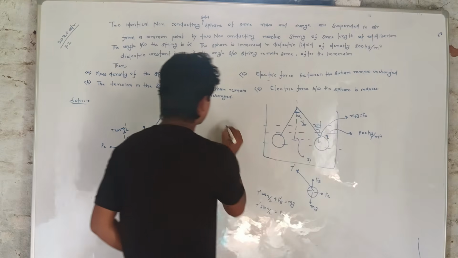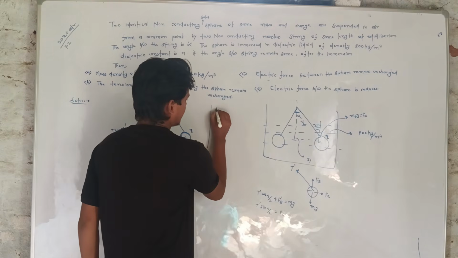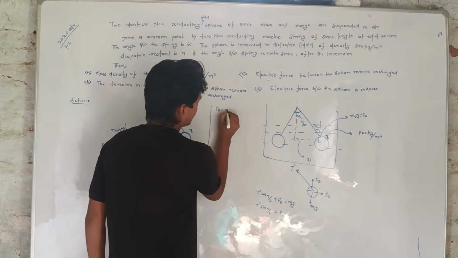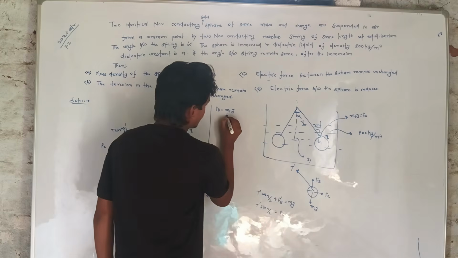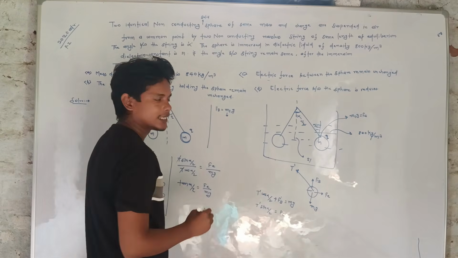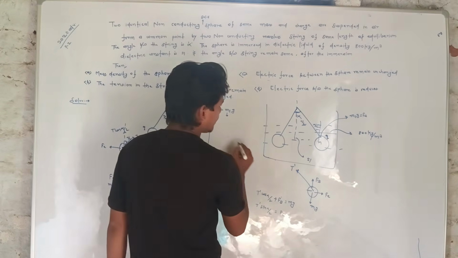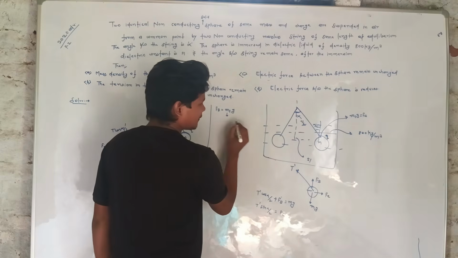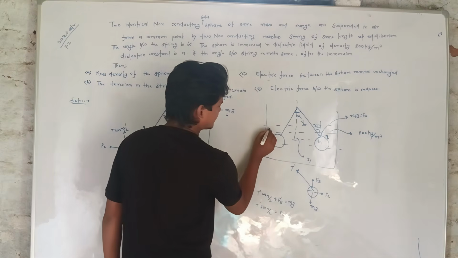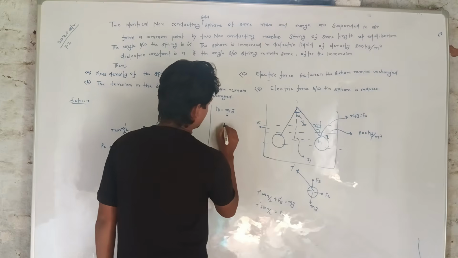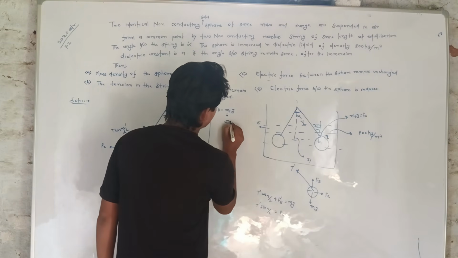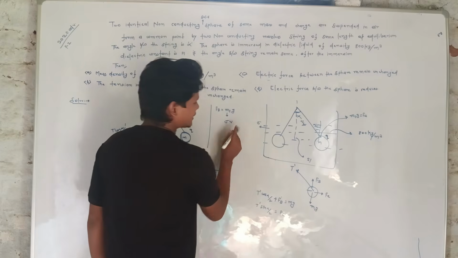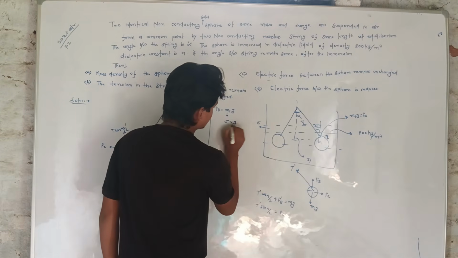From here we can write FB is equal to ml into g. We can write ml in terms of mass density and volume. The mass density of the liquid is given, we call it sigma, into the volume of the liquid displaced, into g.